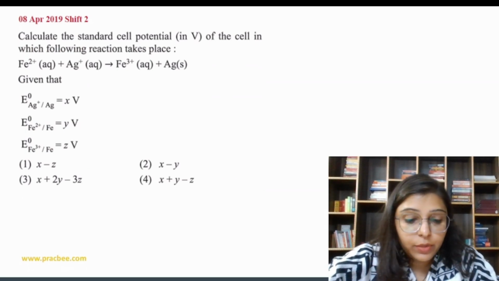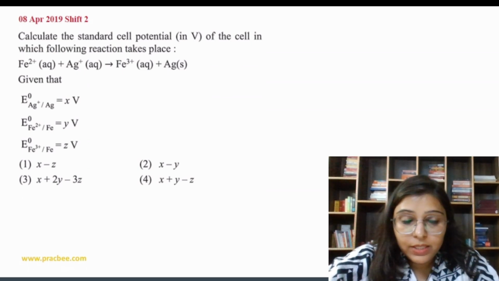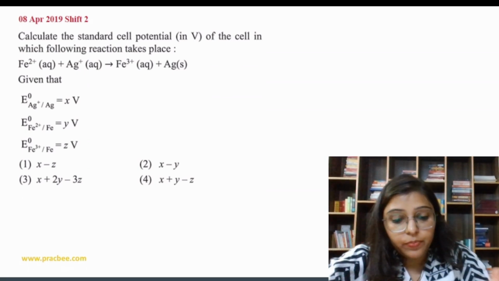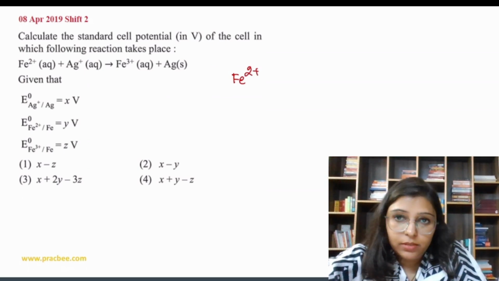Calculate the standard cell potential in volt of the cell in which the following reaction takes place: Fe2 plus and Ag plus give Fe3 plus and Ag solid. Let's write down the reaction first. Fe2 plus is converted to Fe3 plus.